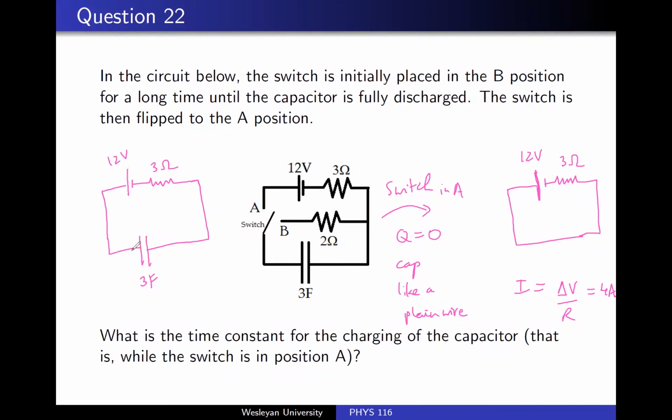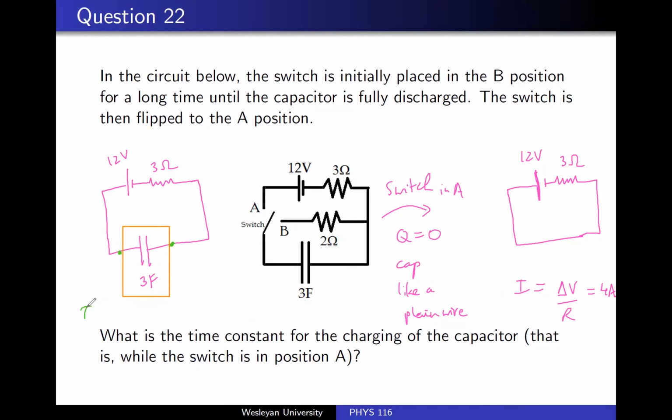And from the perspective of the capacitor, that is, if I were to cut out the capacitor and treat this as one node and this as another node, you can see that the resistance that I see going from one node to the other is just 3 ohms.